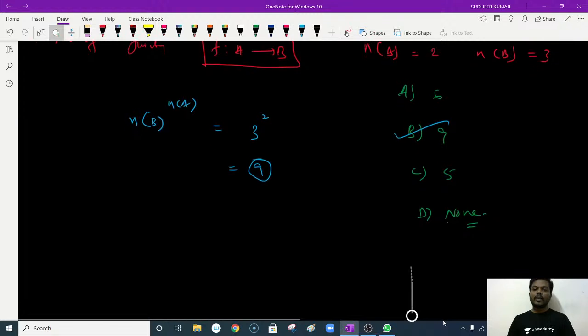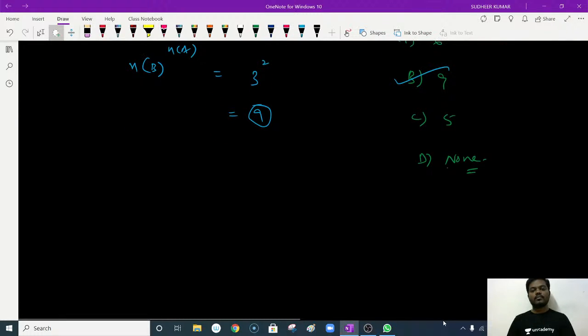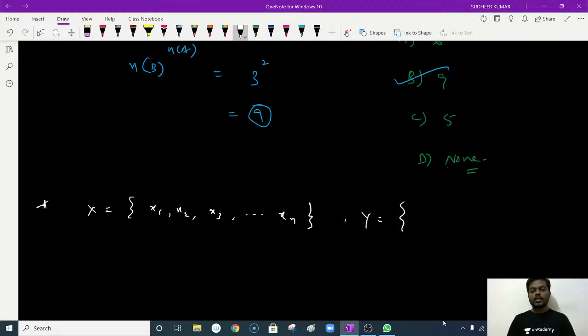Now based on this, they may ask these types of questions just to confuse. If the question is given: set X is {x1, x2, x3, and so on up to xn}, and Y is the set {y1, y2, y3, and so on up to yn-1}.